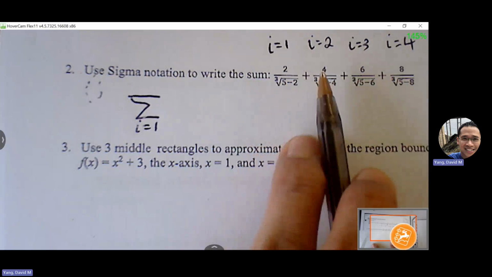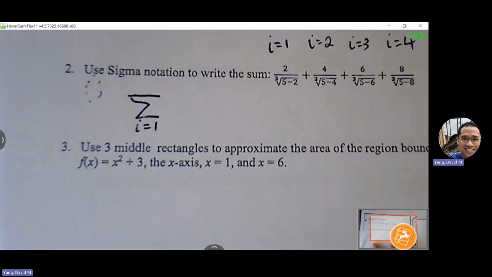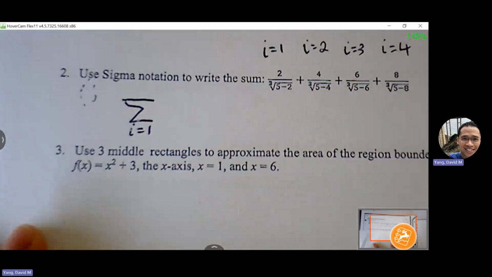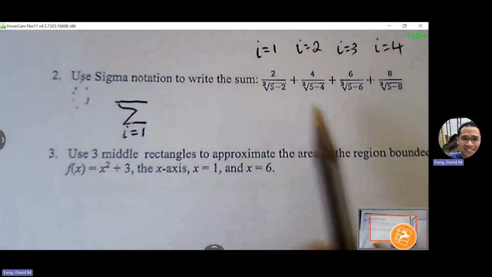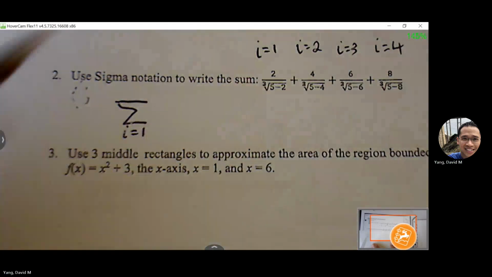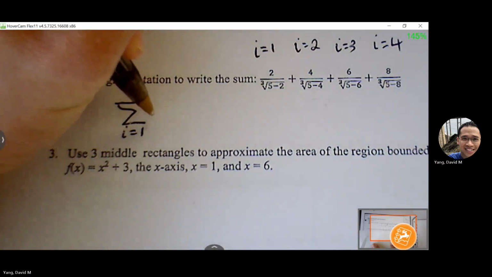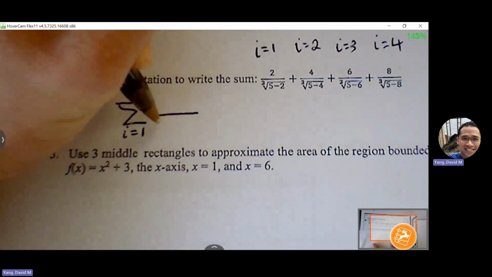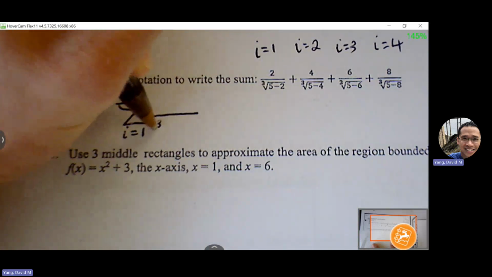And the parts that are changing, we can involve the variable i to adjust for that changing aspect. So what parts do you see that are not changing in the expression? Yeah, the cube root, the division sign, the minus sign, the 5.